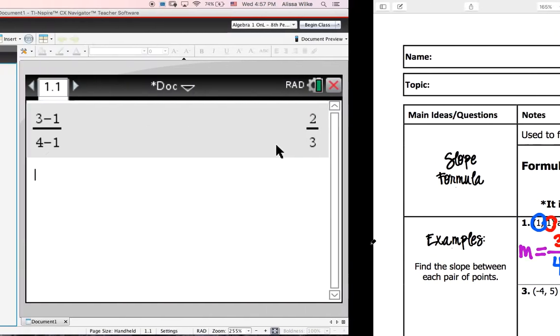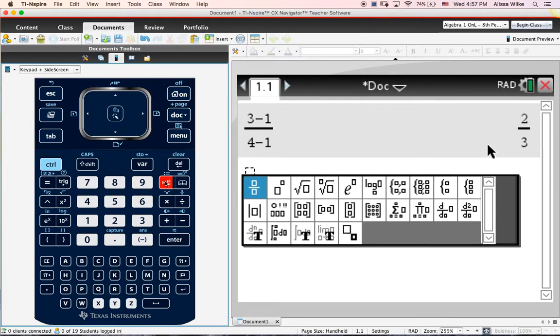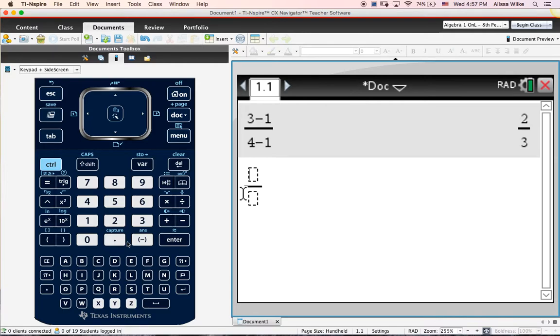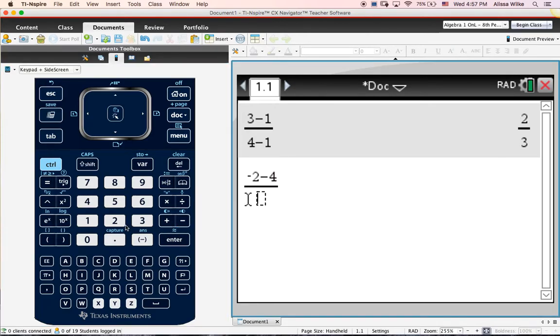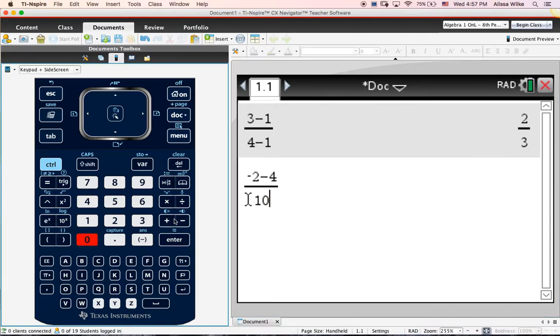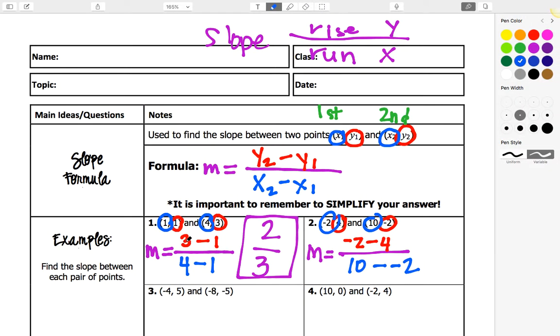I'm going to make a vertical fraction again, and I'm going to say negative 2 minus 4 is our numerator, and our denominator is going to be 10 minus negative 2. Notice I still typed the minus and the negative. They didn't cancel each other out or anything. And when I hit enter, my slope is going to be negative 1/2, which this one reduced for us. So I'll go ahead and answer the slope as negative 1/2.